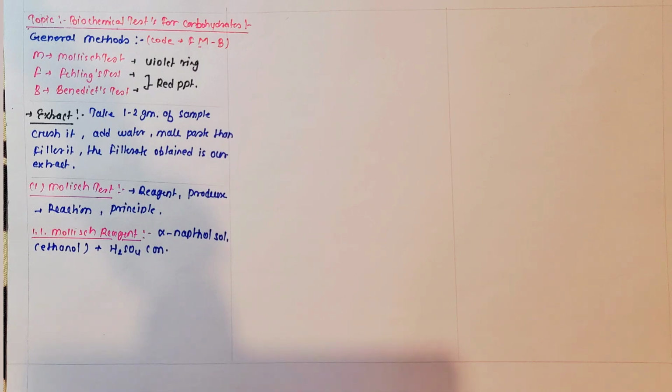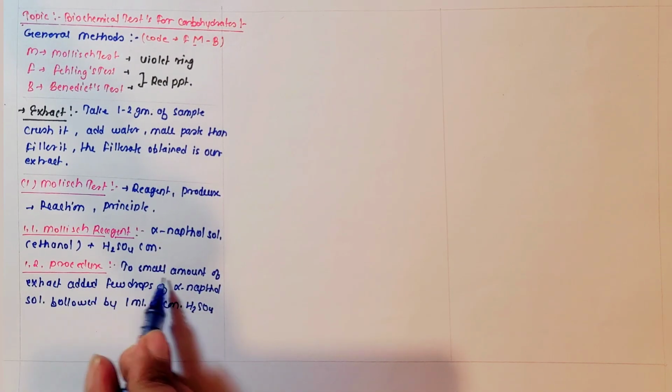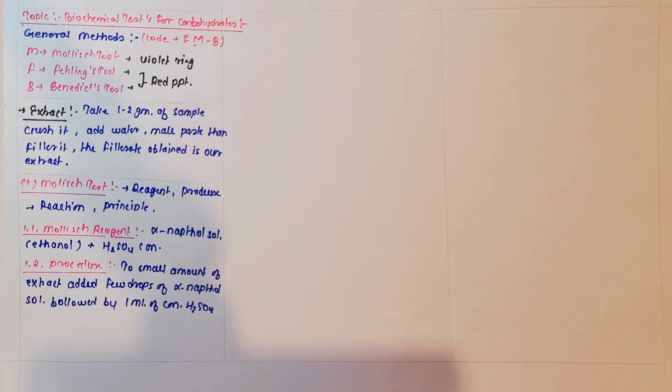Now the second thing, that is the procedure, how we are going to do this experiment. For the procedure, to a small amount of extract, we will add few drops of alpha naphthol solution, that is alpha naphthol plus ethanol, followed by 1 ml of concentrated H2SO4. There is no need of heat, and the chemical reaction taking place is also very simple.